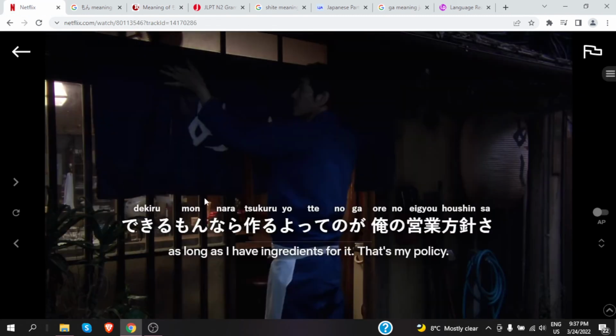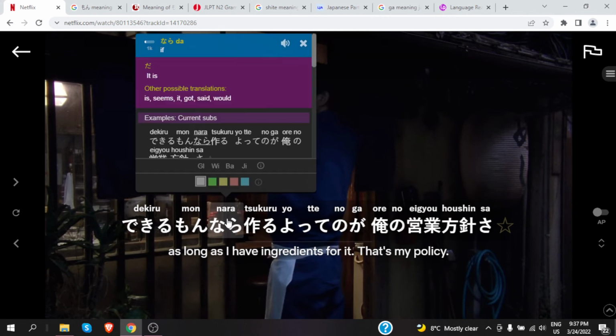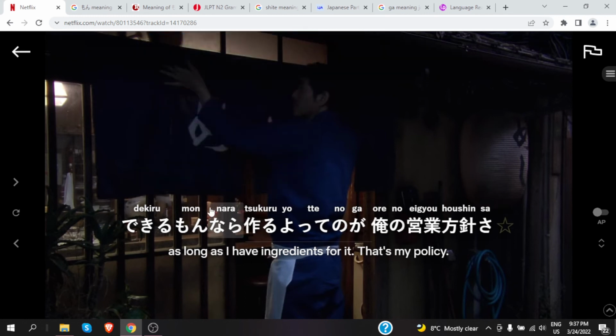Dekiru mo nara. Nara. Okay, if. I suppose nara would be closer to if, like as long as, like if I have the ingredients for it. That's my policy. As long as, if. I'm guessing nara is if.